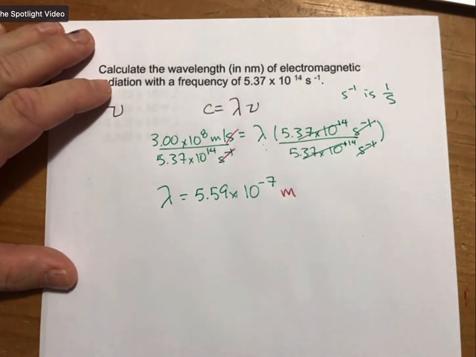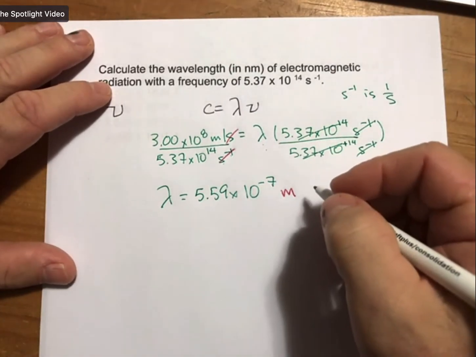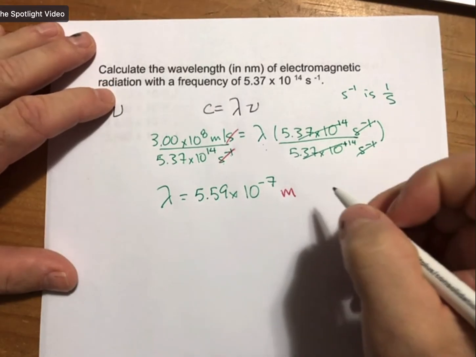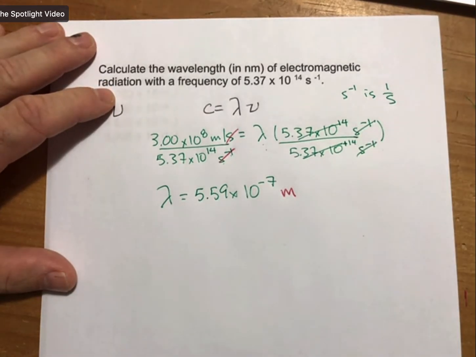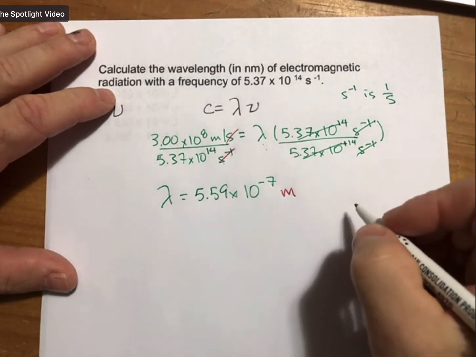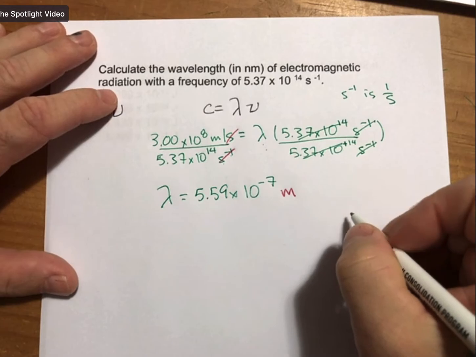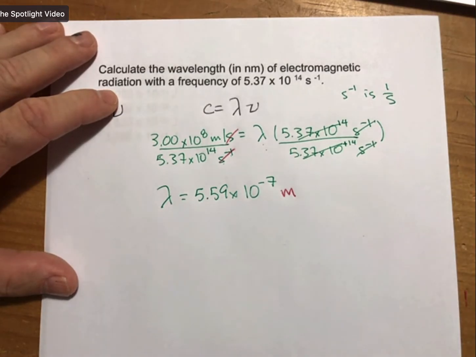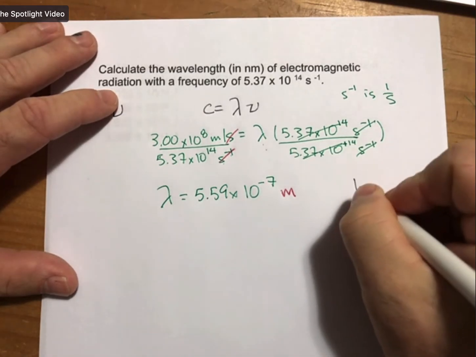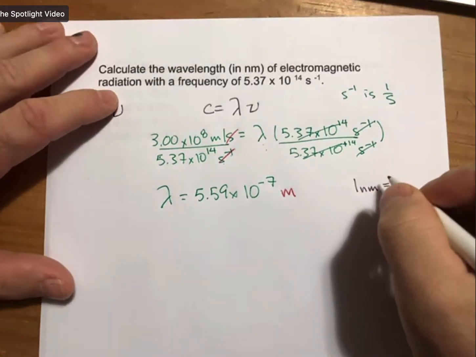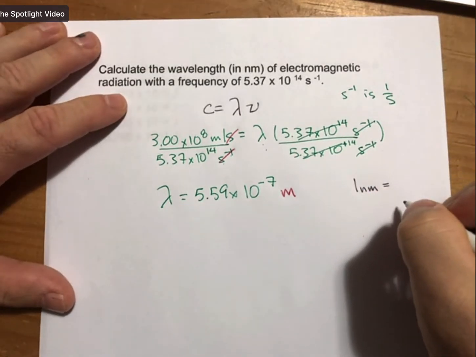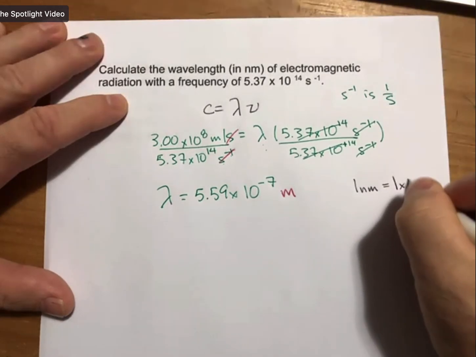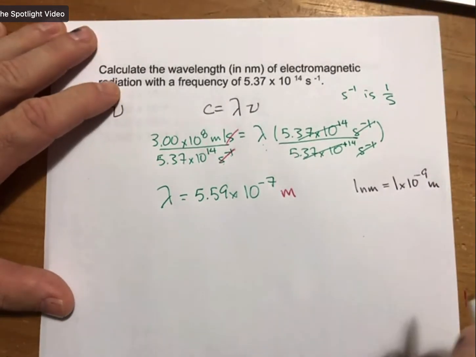Can anybody tell me what the relationship is between meters and nanometers? So 1 nanometer equals what? 1 billionth of a meter. Thank you, Selden. 1 nanometer equals 1 billionth of a meter, so 1 times 10 to the minus 9 meters.